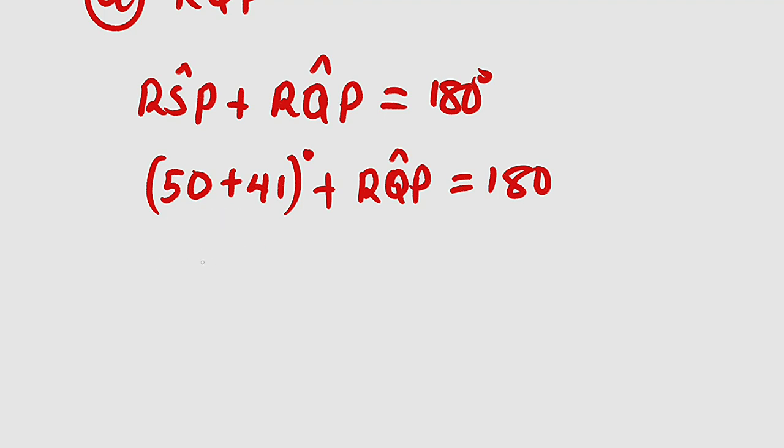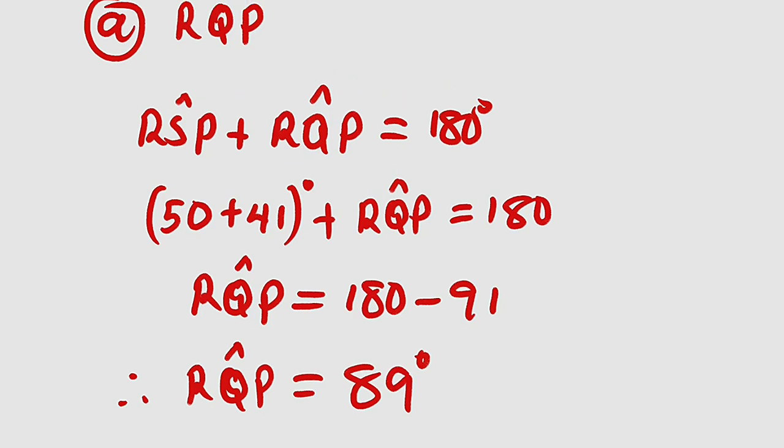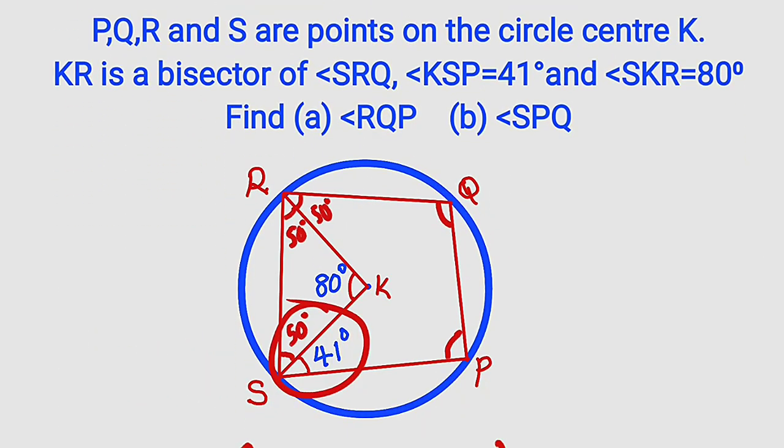But we can take it to the other side. We have RQP equal to 180 minus 91. And therefore, angle RQP that we're looking for is equal to 89 degrees. So we have just answered this. It implies that this particular angle right here is equal to 89 degrees.